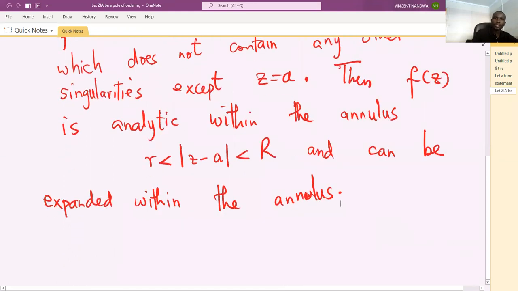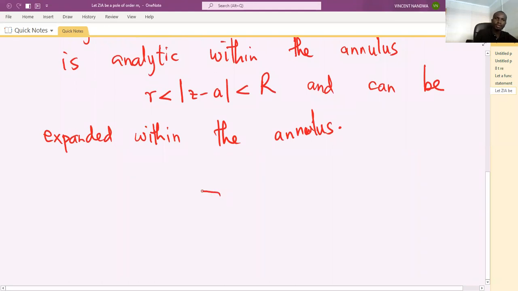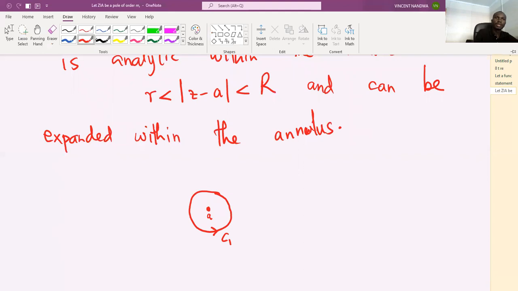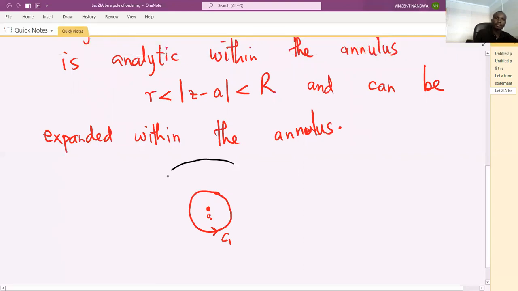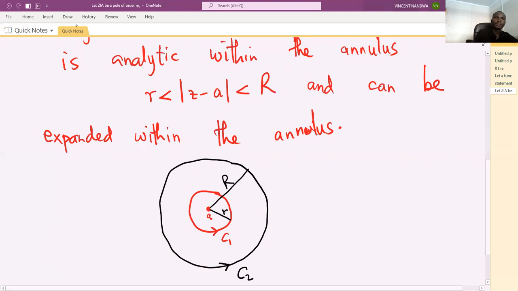So let's draw a diagram to illustrate that. We have this circle C1, and then we have this point a, and then another, bigger circle of radius capital R. So this is C1, this is C2. This is R, while the radius of this one is small r.